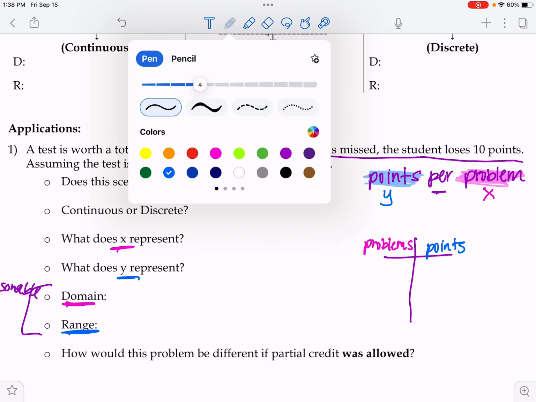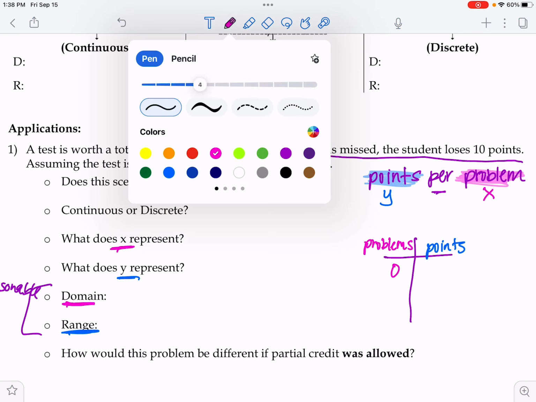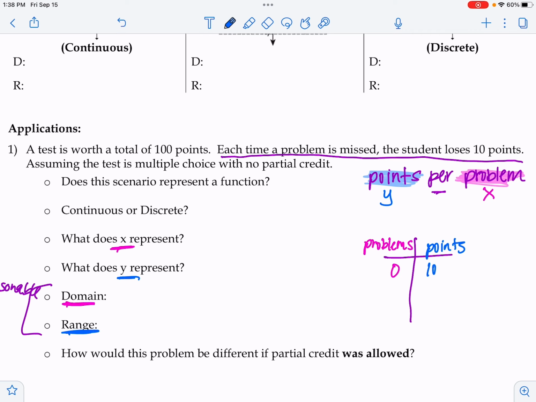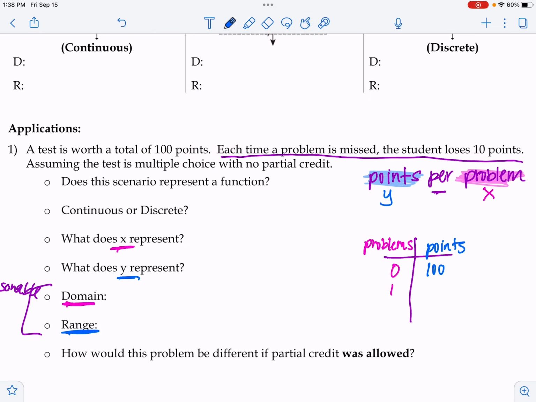Okay, and so if I miss 0 problems, I would earn a 100. I would still have all 100 points. If I missed 1 problem, I would have a 90 because it's 10 points per problem.